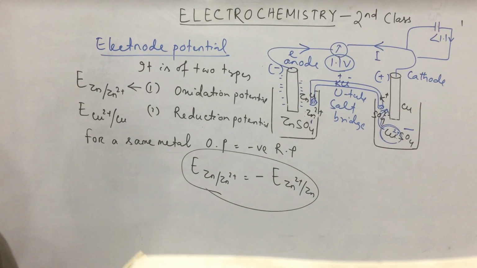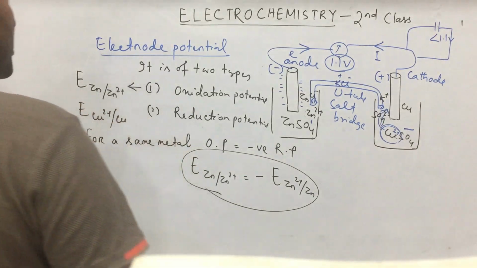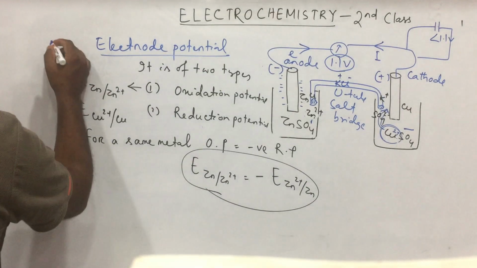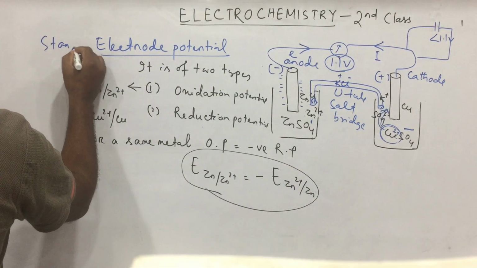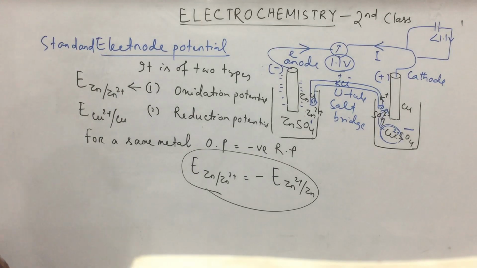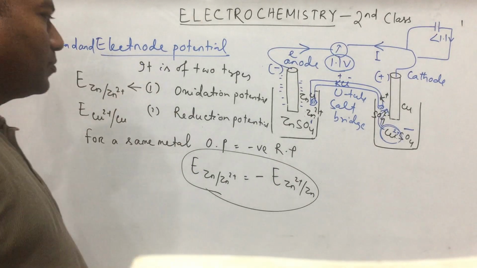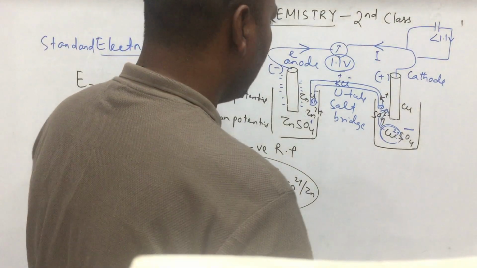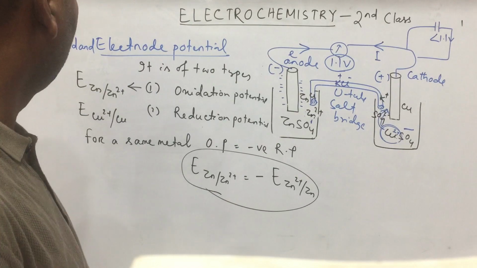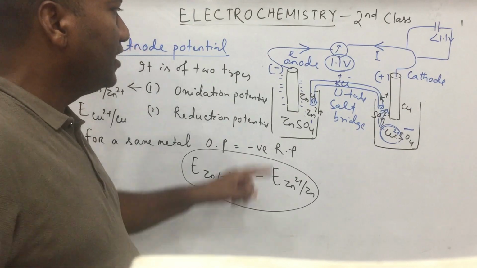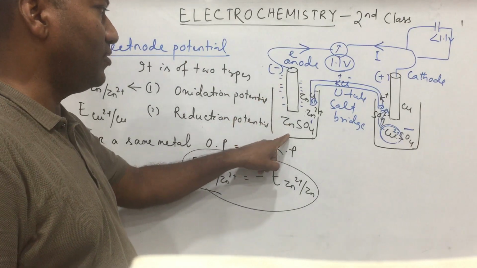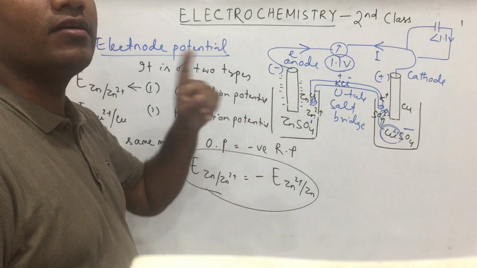Clear? Then next part is what is standard electrode potential. Standard electrode potential means the potential difference developed between electrode and electrolyte in standard conditions.